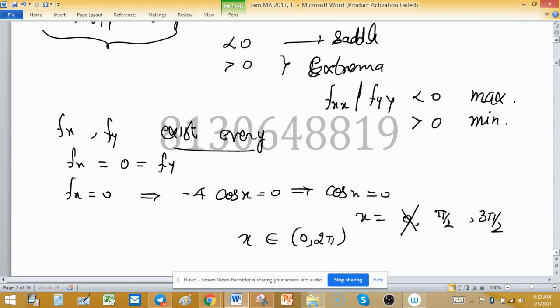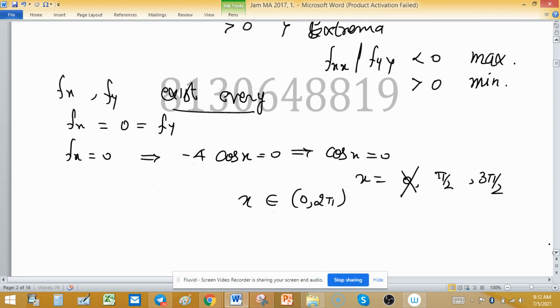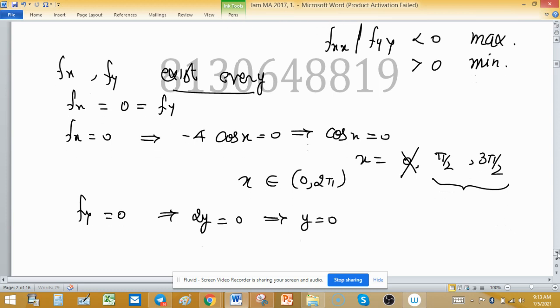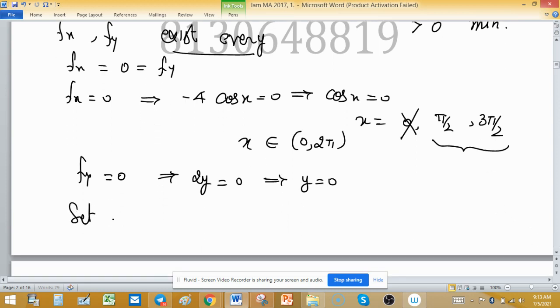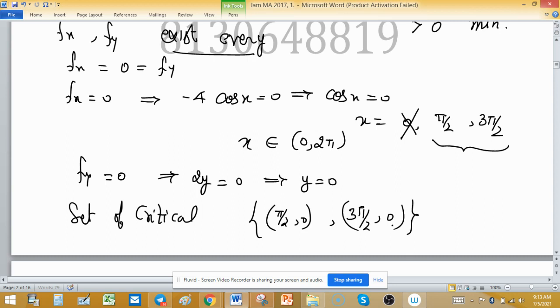And by the condition fy equals 0, we get 2y equals 0, so y is 0. So the set of critical points is pi by 2 comma 0 and 3 pi by 2 comma 0.